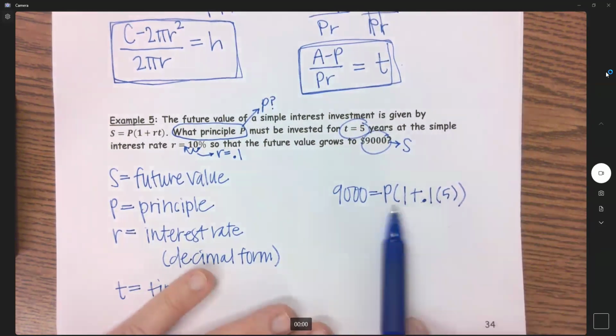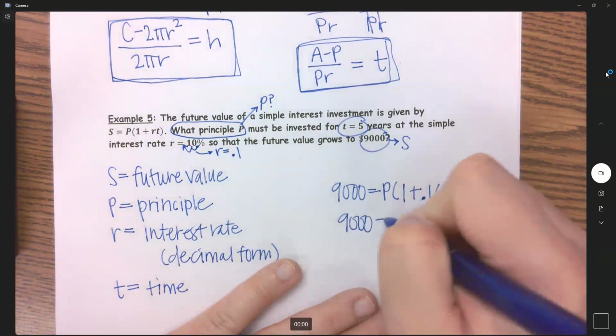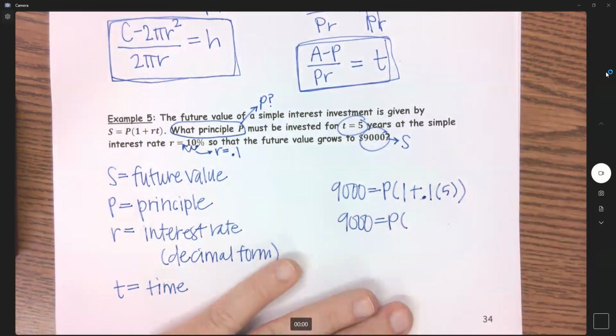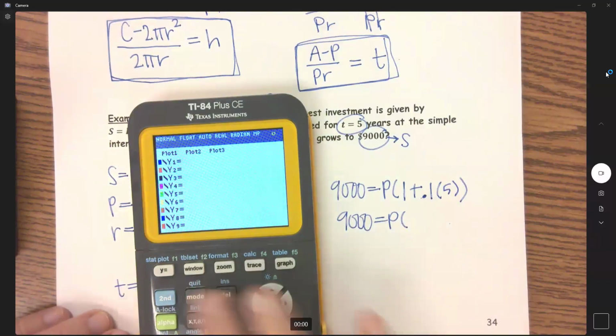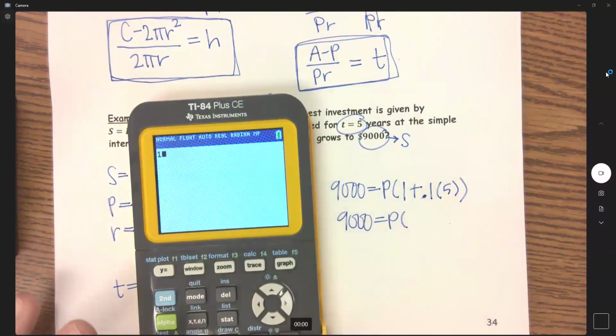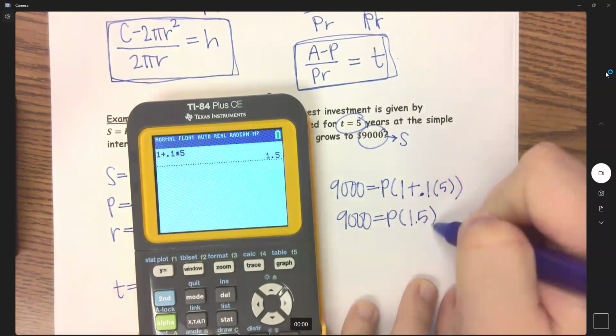So I'm going to put everything in parentheses in my calculator. Since that's all numbers in there, we can just get a one number answer here. So 1 plus 0.1 times 5 gives me 1.5 in parentheses.